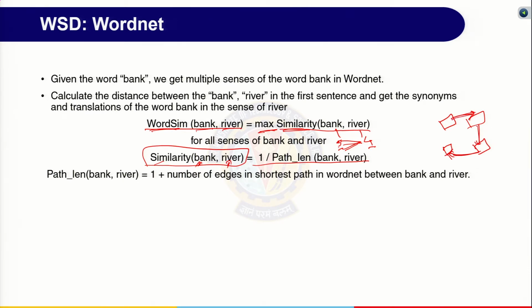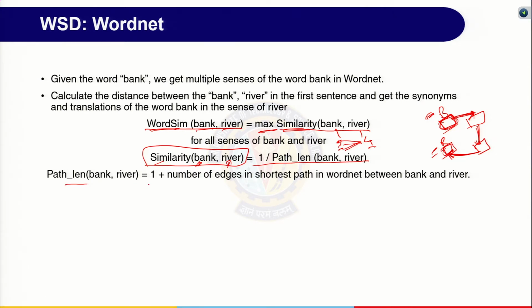And if you calculate the length of this path, it will tell you a sense of how far these two words are. So that is what we are using to calculate the similarity between bank and river. And we are looking at only a particular sense of these two words, so that we will get exactly which two senses are closest to each other.